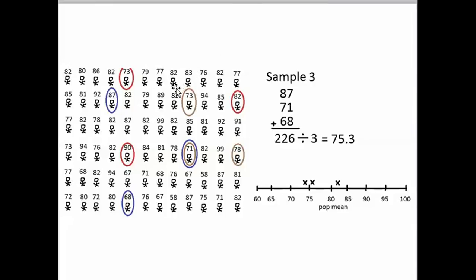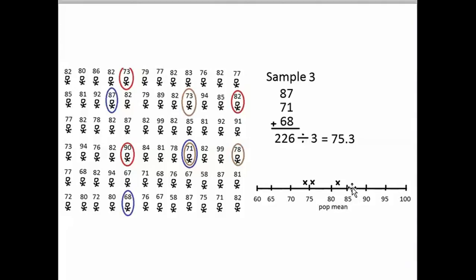If I'm planning to randomly select 3 students from this population, any one of these possible samples could end up being my actual sample. Remember that if I randomly select 3 students from this population, the sample that I end up getting depends on chance. Any one of them could be chosen. We're starting to see that most of the possible samples in the sampling distribution have a sample mean within a certain range of the population mean of 80.